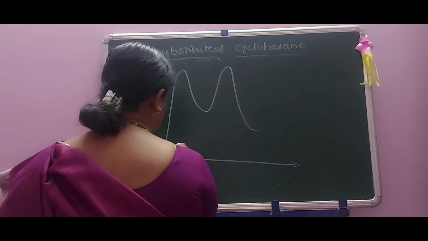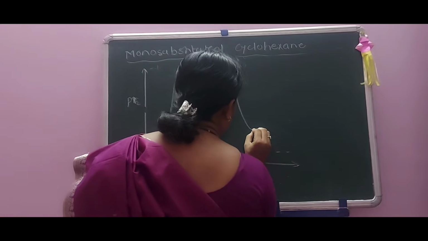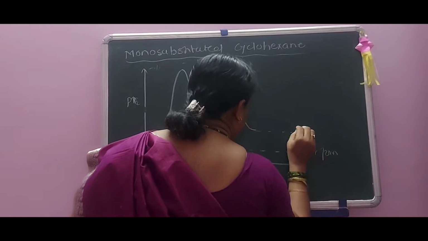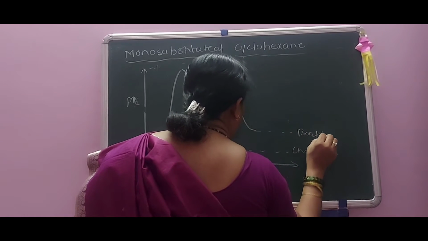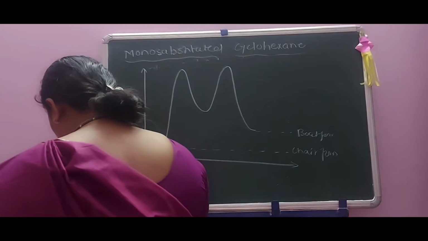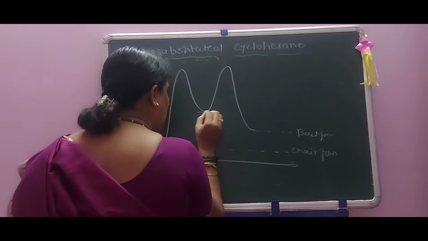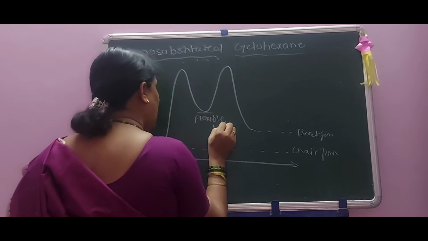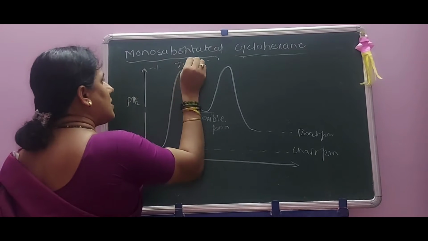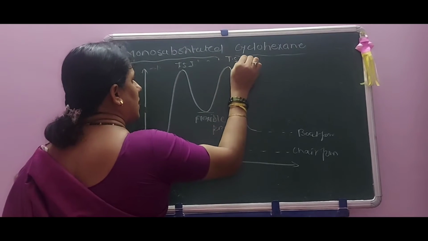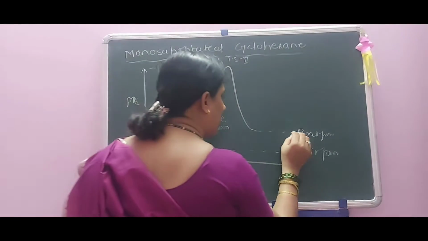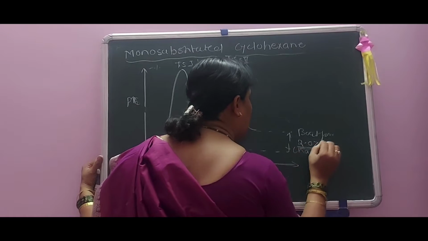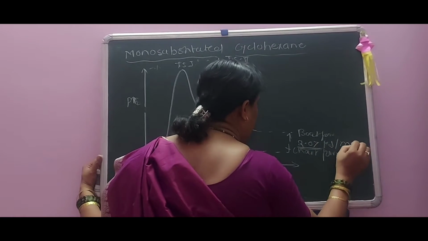This is the chair form, this is the boat form, and this is the flexible form. TS1 is transition state 1, and transition state 2. In between, the difference is equal to 2.07 kilojoule per mole.